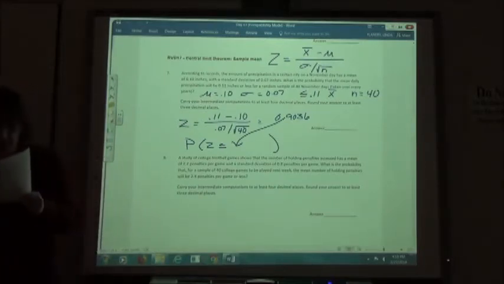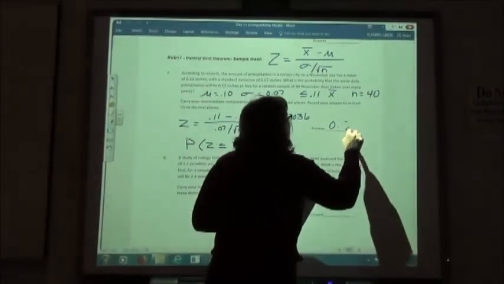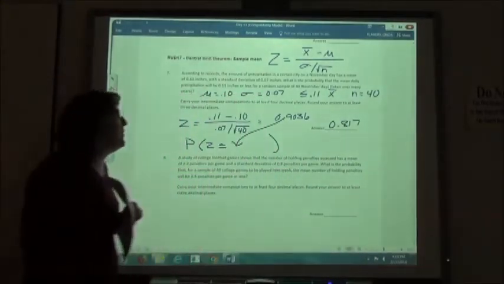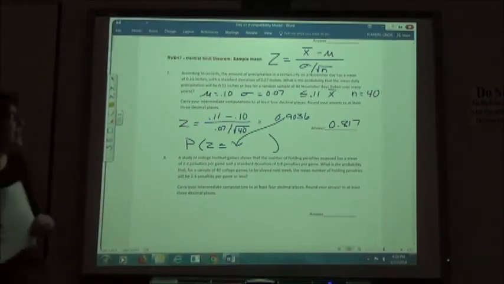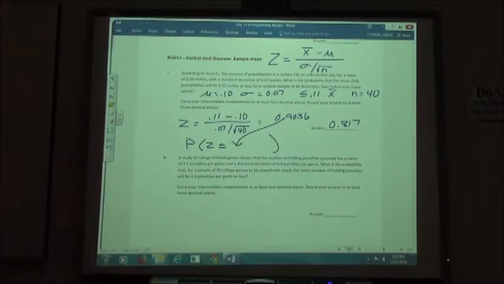So we get an answer of 0.817. Again, I think it is a little forgiving because of rounding things if you do round it off and type it in, as opposed to just leaving the number there and having the calculator plop it in there.